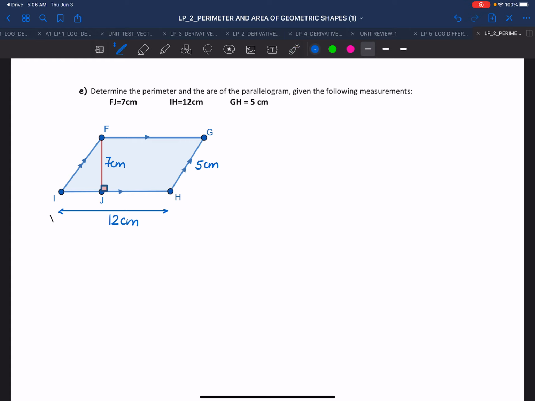So I'm going to get started with the area first, and then the perimeter. So the area of this parallelogram, which is called FGHI, is equal to base times height.